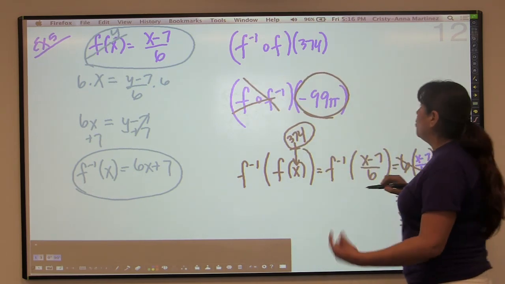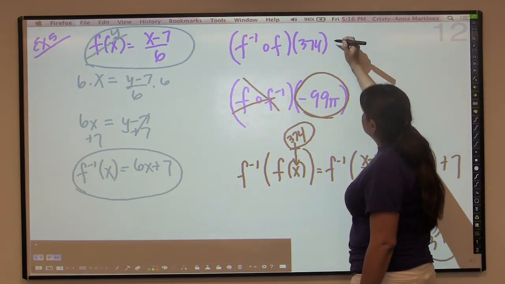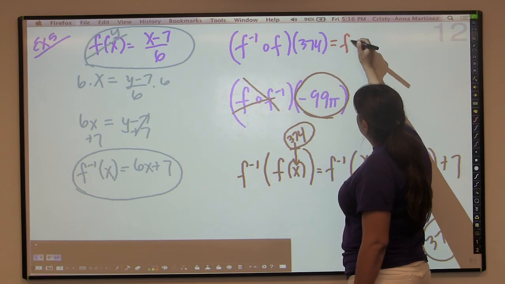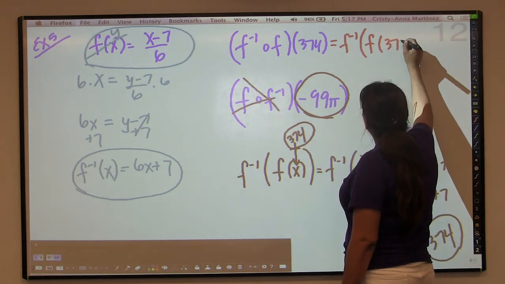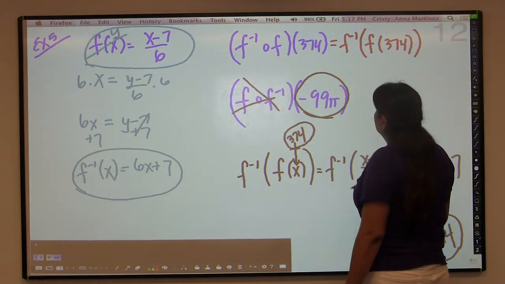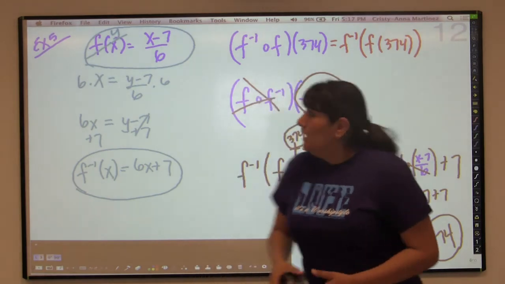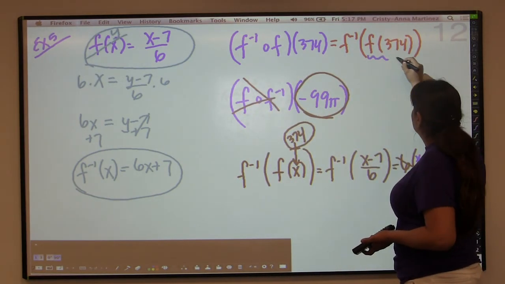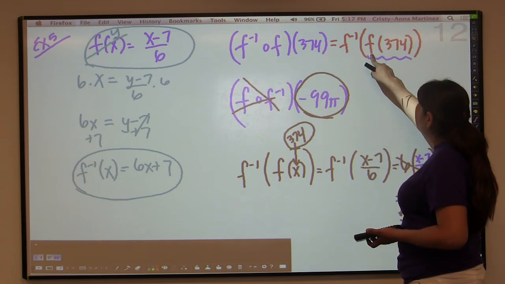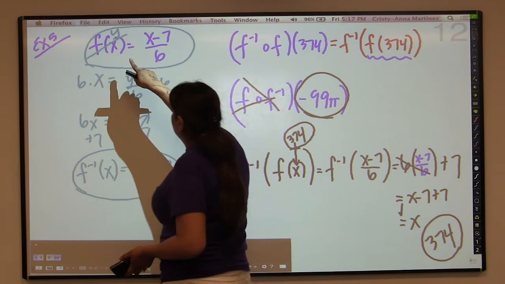Okay? Let me show you one other way so you can, again, see what's happening here. This is saying f inverse of f of 374. So what I'm supposed to do in this case is to start from the inside. I'm going to start from this inside and go to the f function and plug in 374. So where's the f function? Over here.